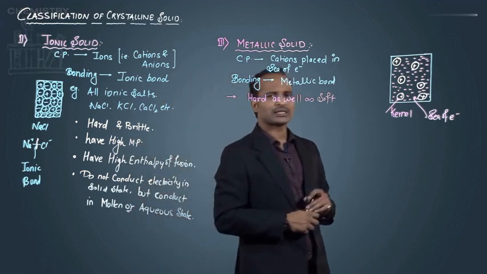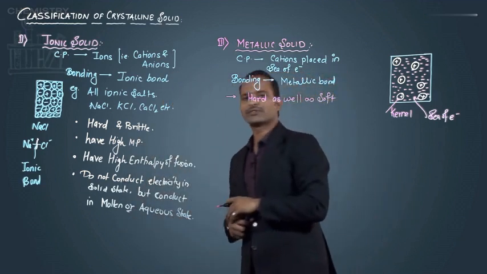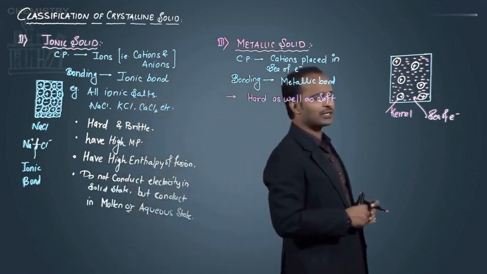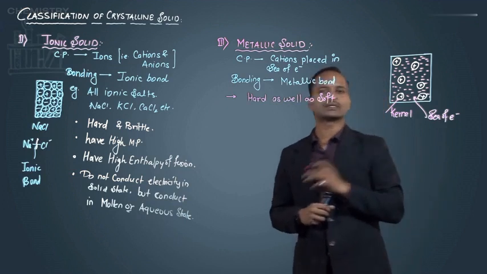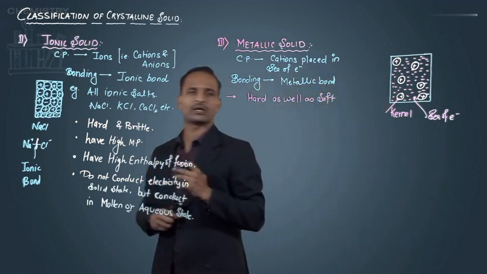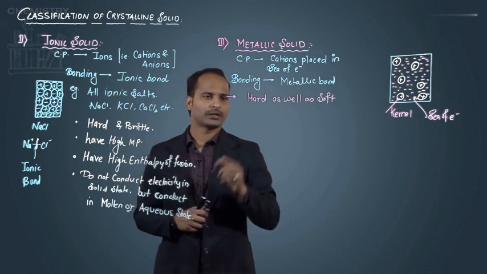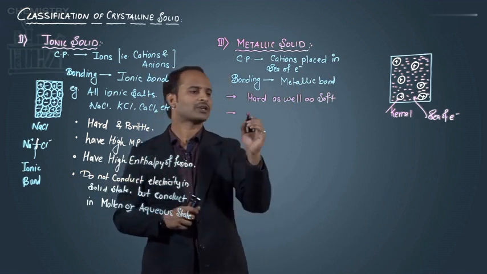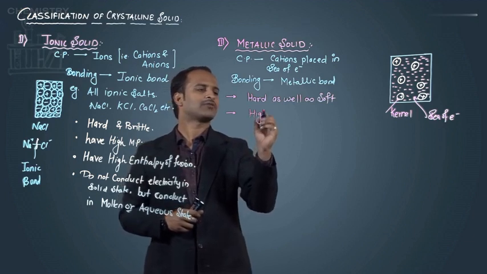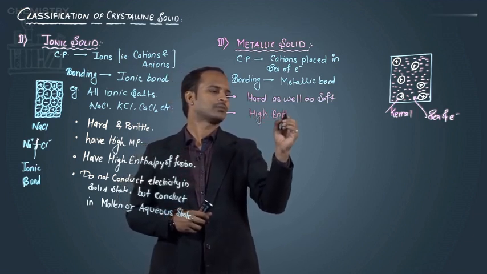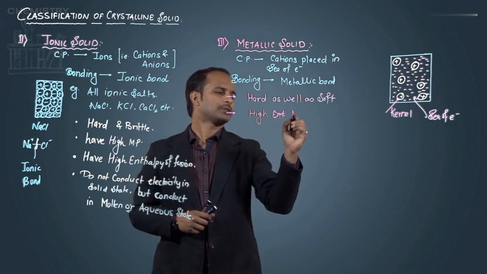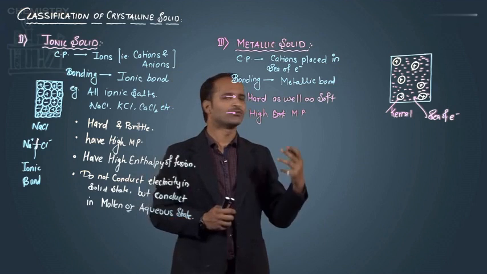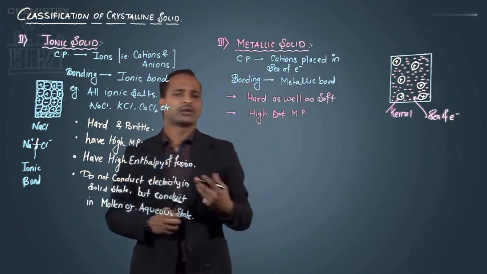Generally, the metals belonging to the transition elements are hard in nature, but at the same time the alkali metals or alkaline earth metals like sodium and potassium are considered soft metals. Second, the metallic bond is considered a strong force of attraction. So they have a high melting point, since more energy is required to convert a solid into the liquid state.